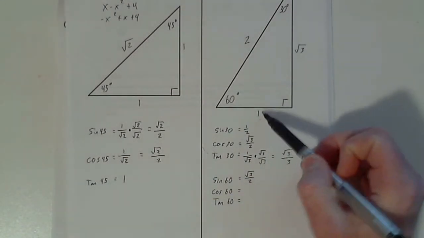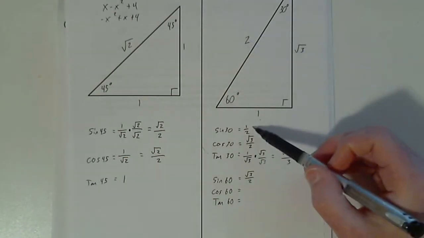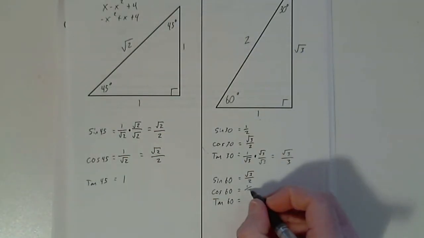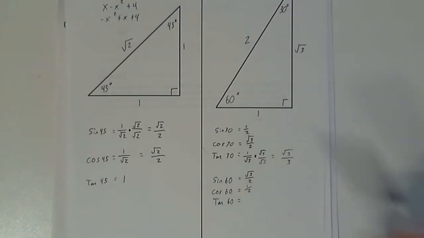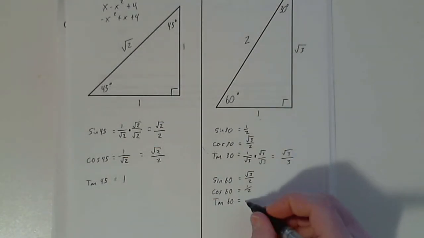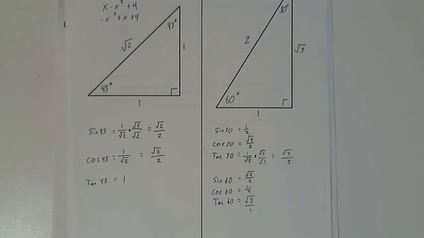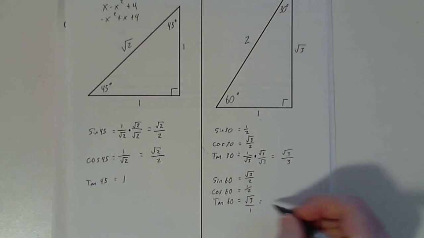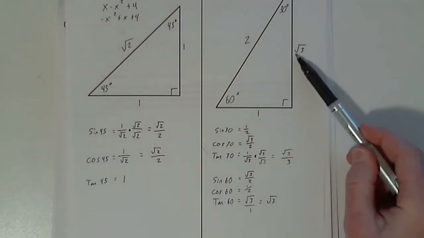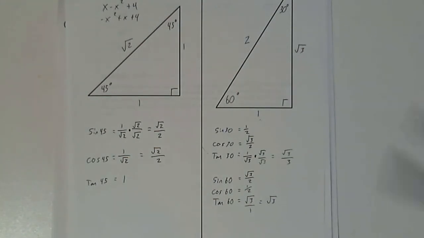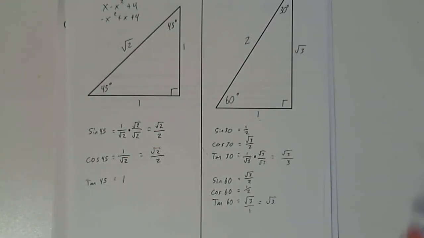Cos is adjacent over hypotenuse, which is the same as sine of 30, which is 1/2. And tan of 60, O over A, well, this one's just root 3 over 1, which is just root 3. Make sure I did that right. Opposite over adjacent, yeah. So those are our trig ratios.